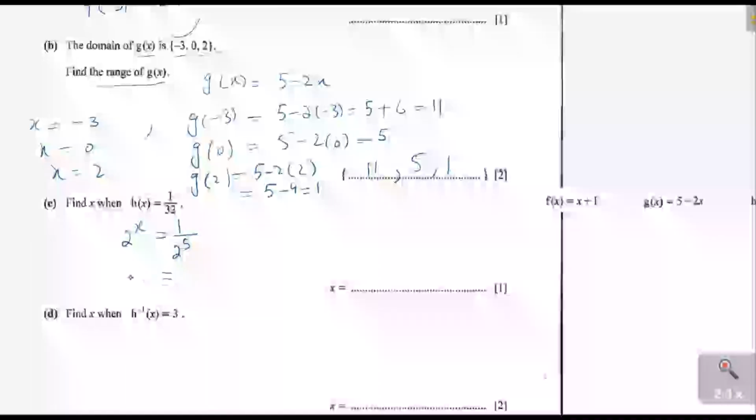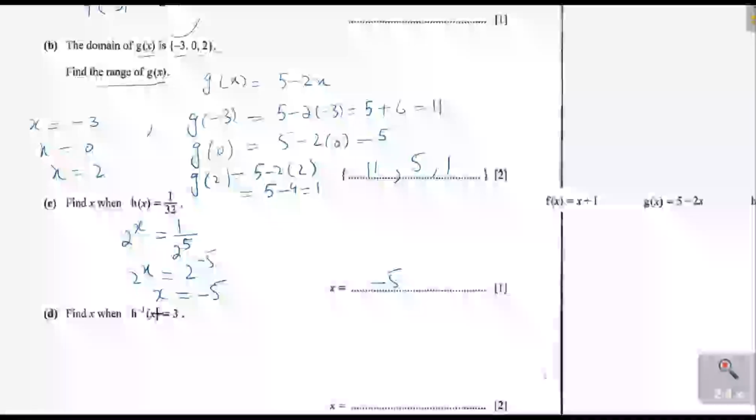And we can write this as 2 power x equal to 2 power minus 5. When we shift the value from denominator to numerator, the power becomes negative. Look here, the bases of both values are the same. We can equalize the powers of the same base value. Therefore, x equal to minus 5. And the answer for x is minus 5.